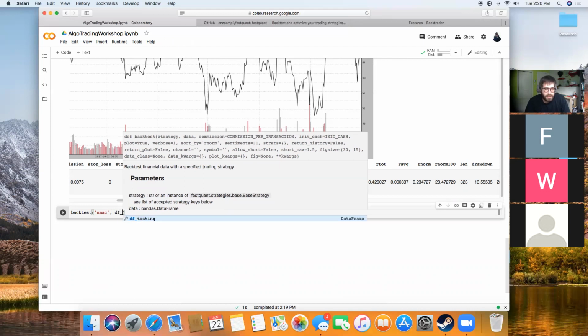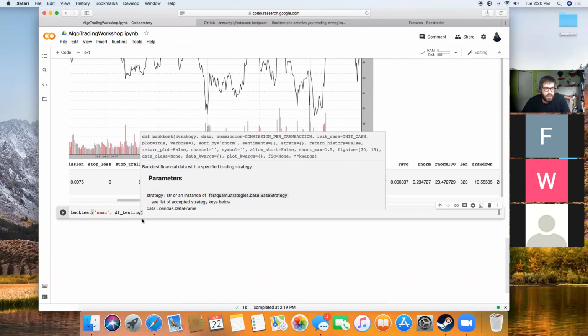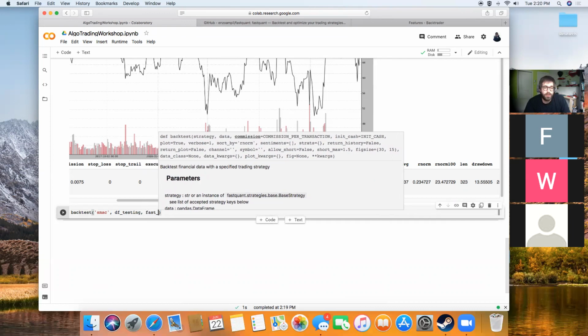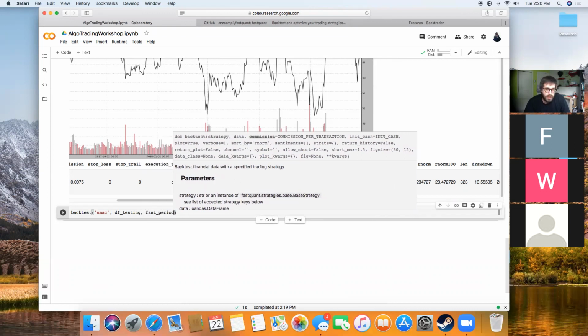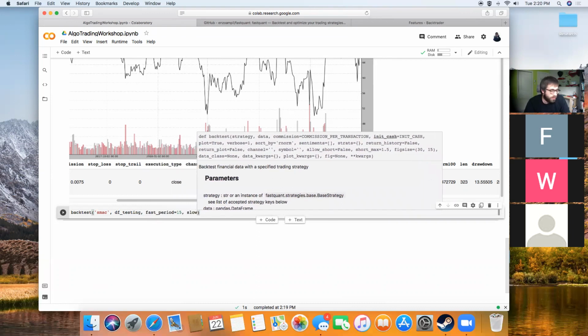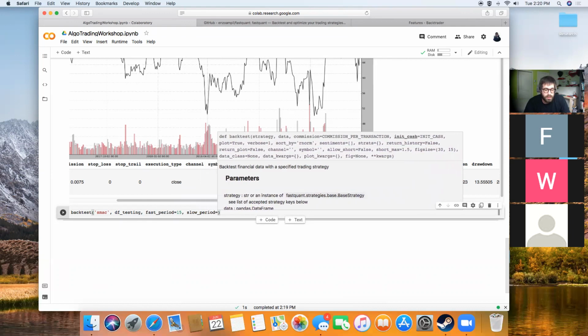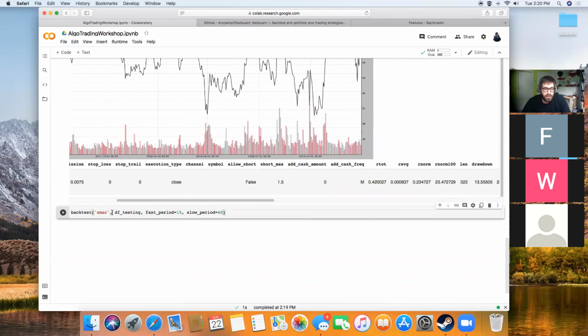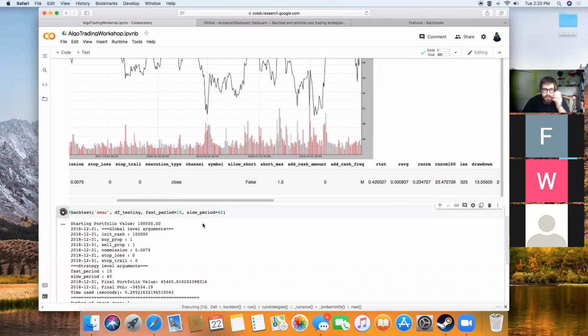So we'll pass the same data, and in here we need to pass the two parameters for the moving averages, the period. So the fast period is 15, let's say, and the slow period is 40. So what this strategy does, it calculates the moving average with a window of 15 and the window of 40. And whenever there's a crossover, it decides on selling or buying.